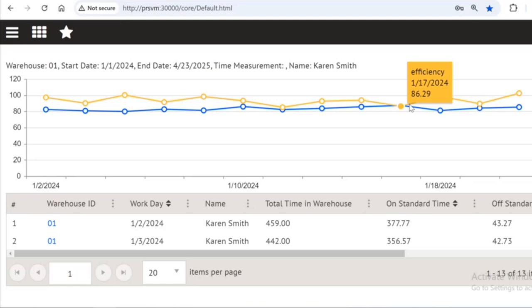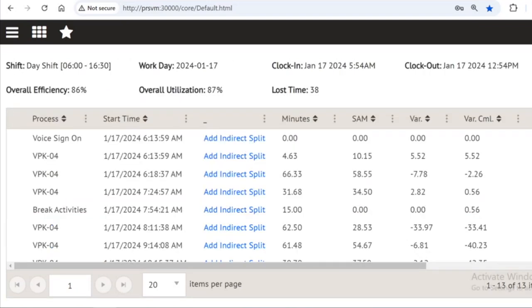Now I'm going to drill into my labor command center to see the details on what this employee was doing. The labor command center shows me detailed information about what my employees are doing throughout the day. For example, here, I can see that they started with a sign on and went immediately into voice picking in that O4 zone that we saw they were struggling in.